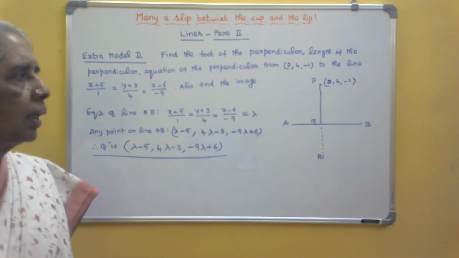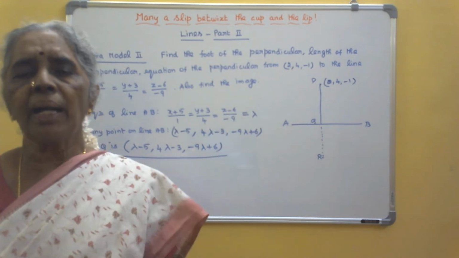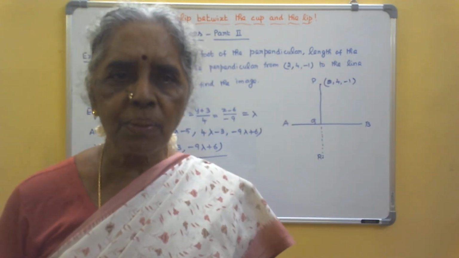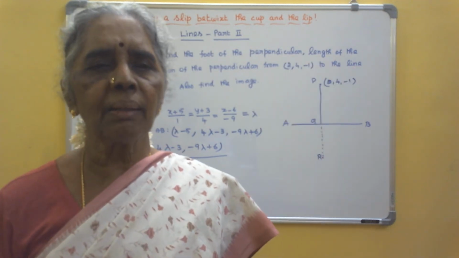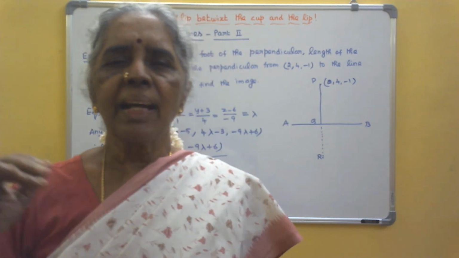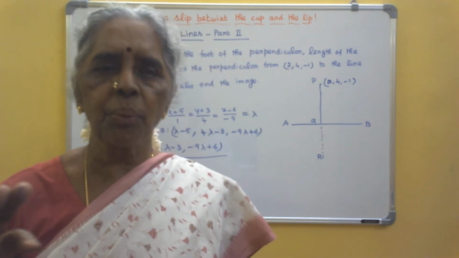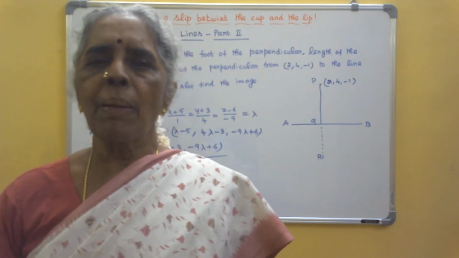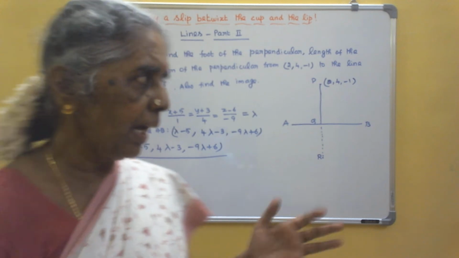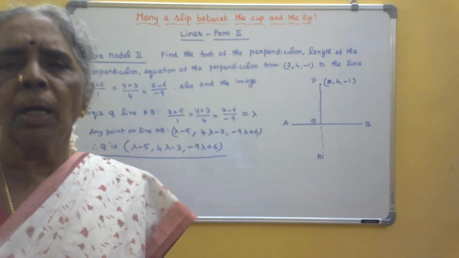Now, in the figure you can see AB and PQ are perpendicular. What is the concept? If two lines are perpendicular, the sum of the products of their direction ratios is equal to 0. That is A1A2 plus B1B2 plus C1C2 is equal to 0, right? So now, let us find the direction ratios of PQ. How will you find them?